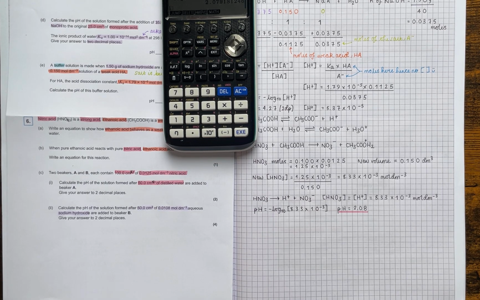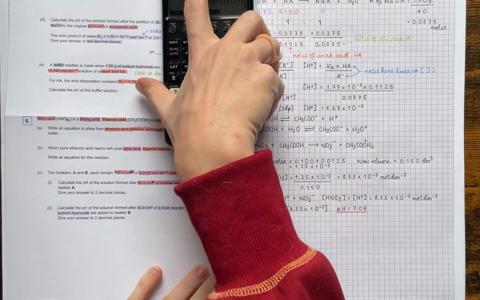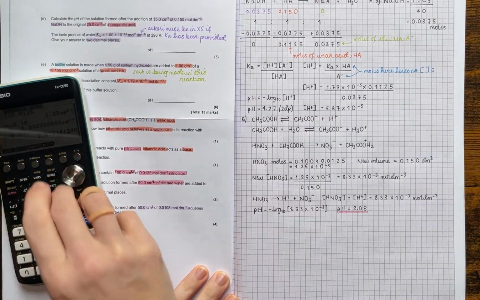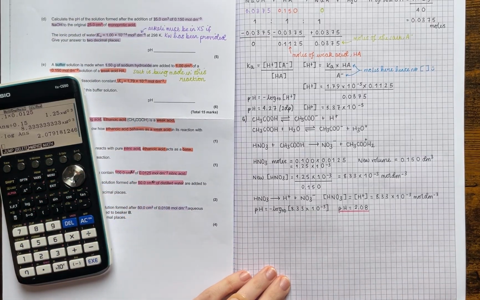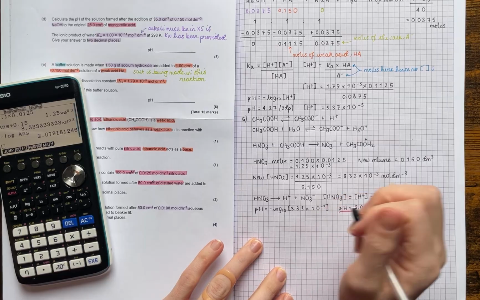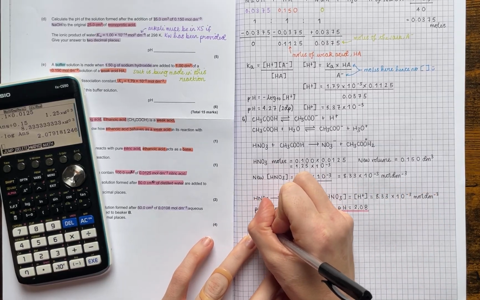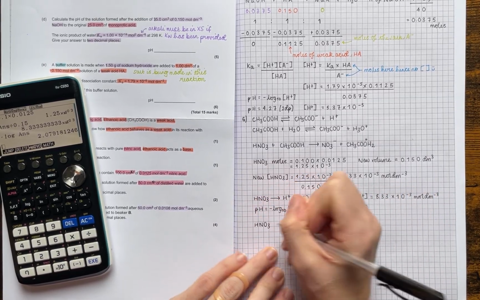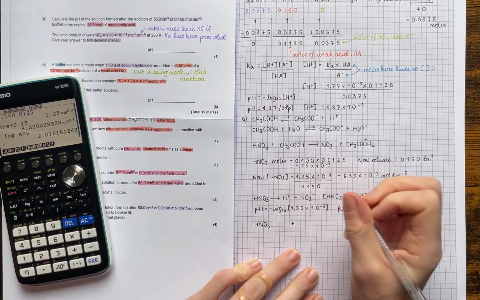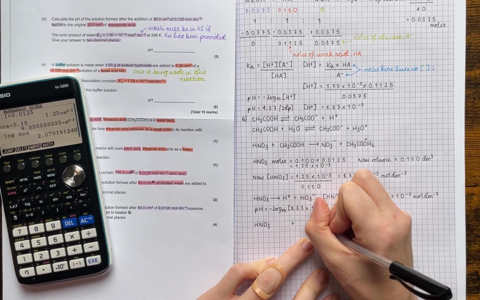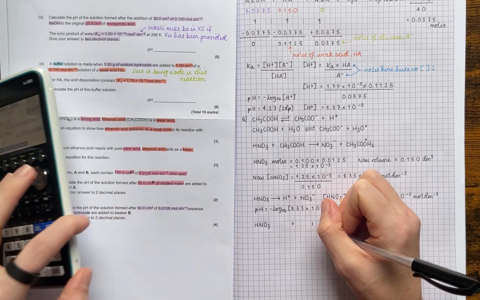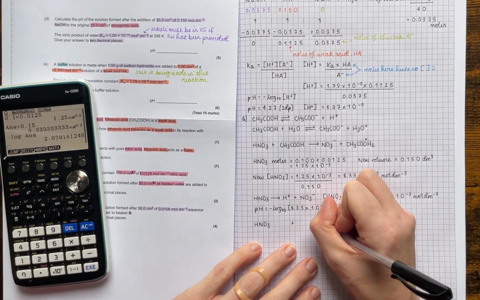and in order to do that we're going to need a balanced chemical equation for the reaction so that we can then have a think about which of those two substances is in excess. So HNO3 reacting with, and I'm just going to give myself some room to do the maths underneath, sodium hydroxide.